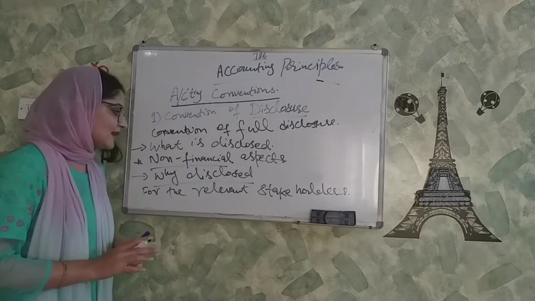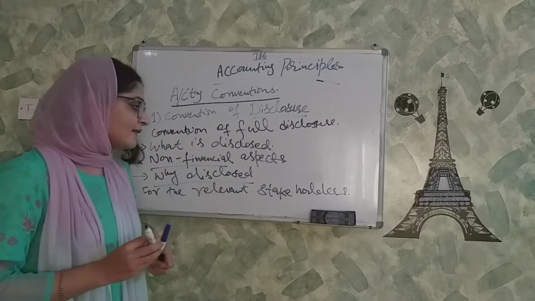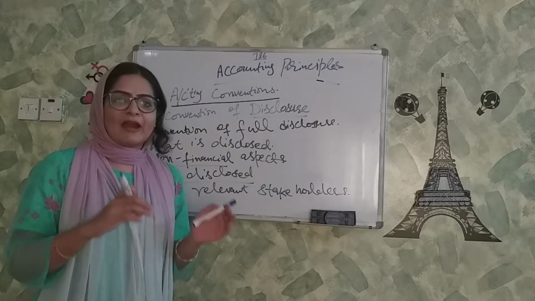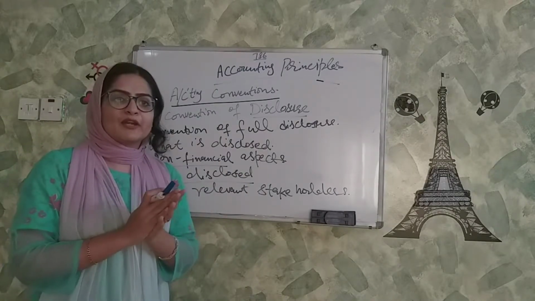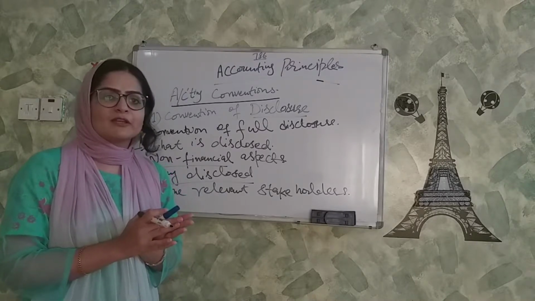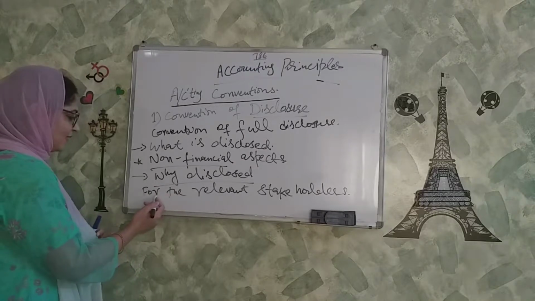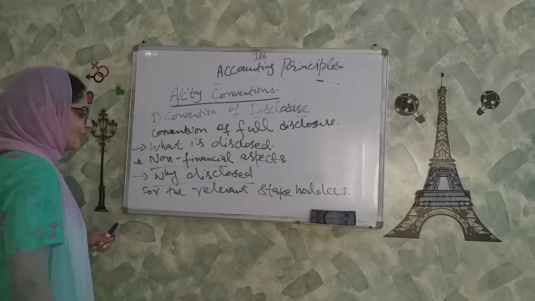So who are the relevant stakeholders in the business? Of course, they are the proprietors of the business, the creditors, the potential investors, and also the shareholders, if any. All those people are the stakeholders in any business.